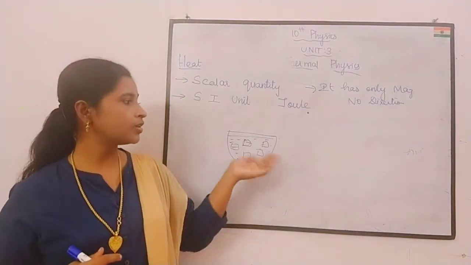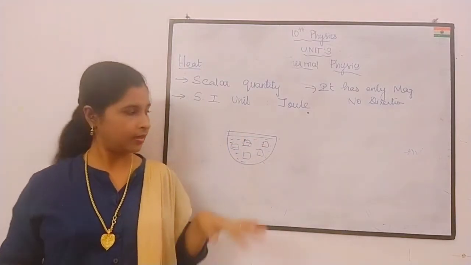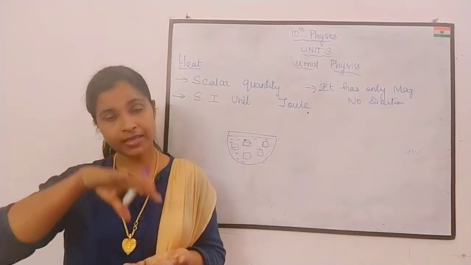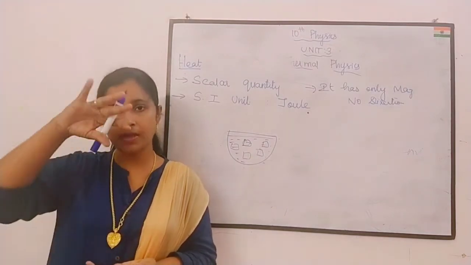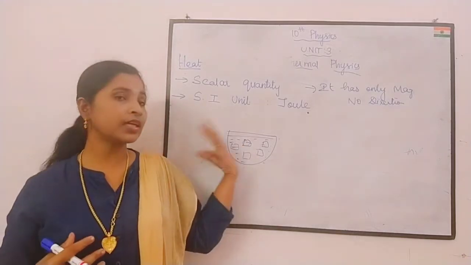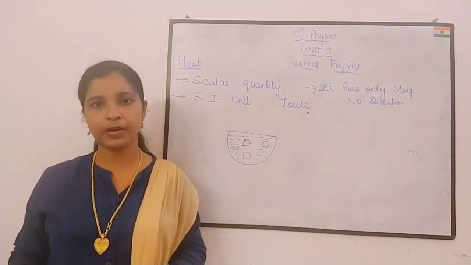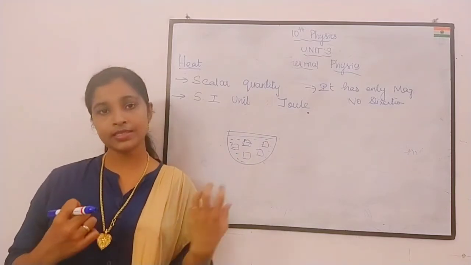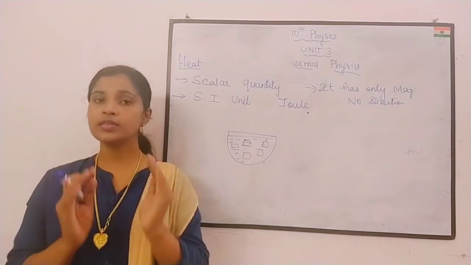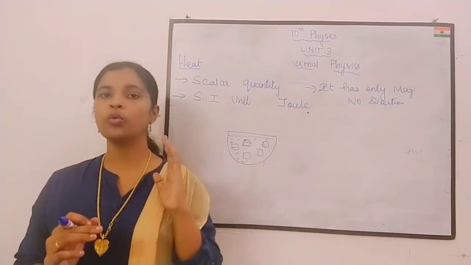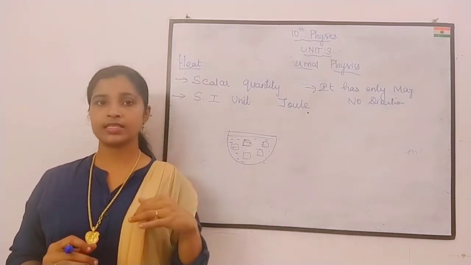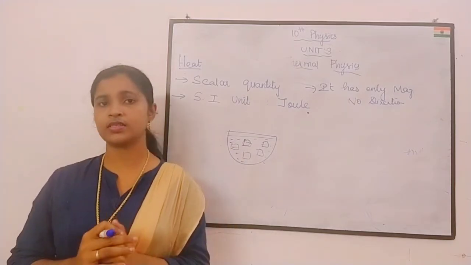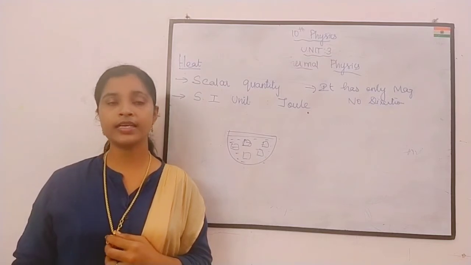So the ice cube gains heat and melts, and at the same time the temperature of the hot water is reduced, because it lost some of its heat. So this becomes cool, that is, its temperature is getting reduced. This process we are calling cooling. Understood? It is the reverse process, and we are calling it cooling.